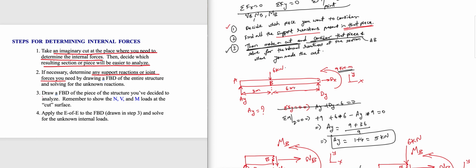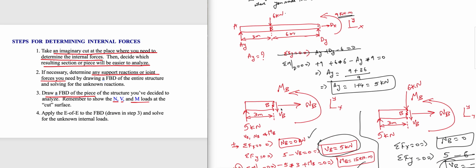Then you have to consider that piece, draw the free body diagram of the piece, represent normal, shear, moment. Like this, represent normal, shear, moment. Apply equations of equilibrium, solve for the unknowns. So that's the overall process.